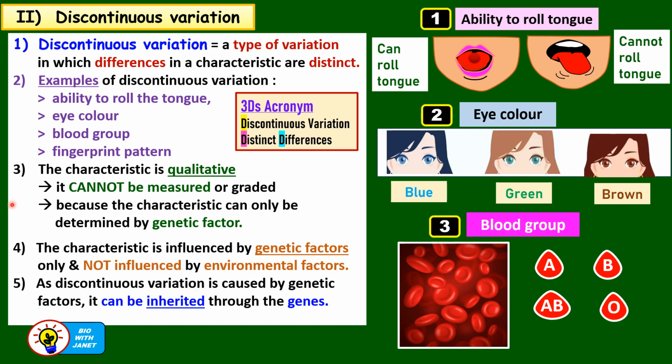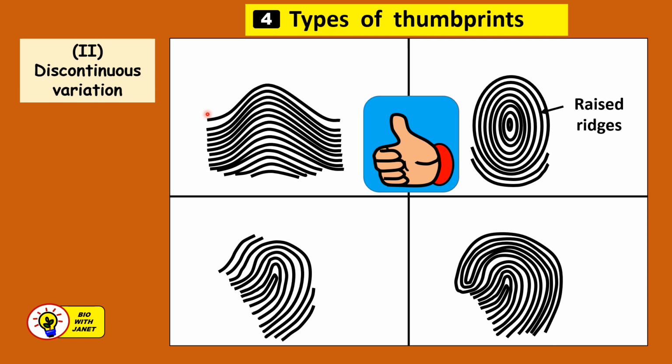So in discontinuous variation, the characteristic is determined by the genes that we inherit from our parents. And environmental factors cannot affect the characteristic or change it, cannot change the trait that we have. So another example of discontinuous variation is the types of thumbprints.